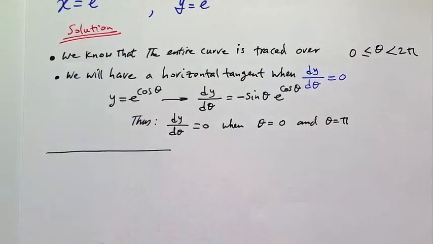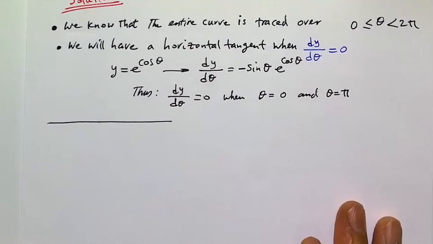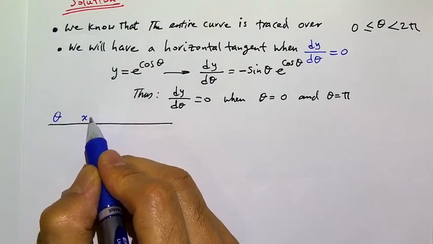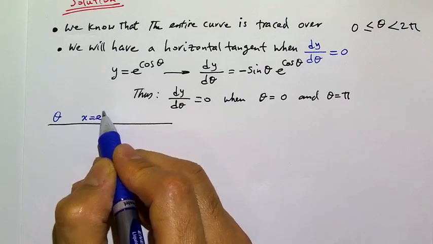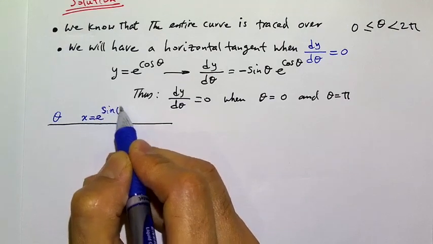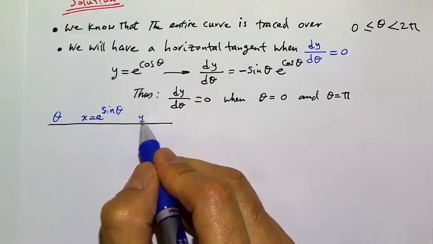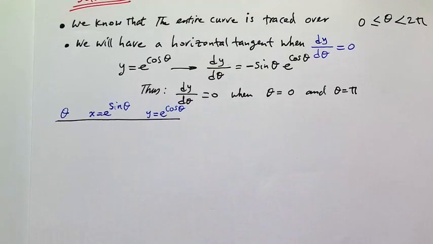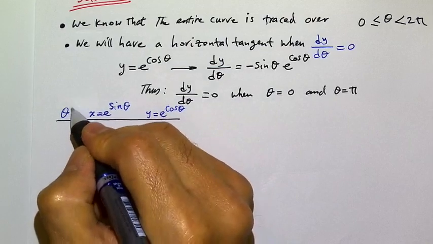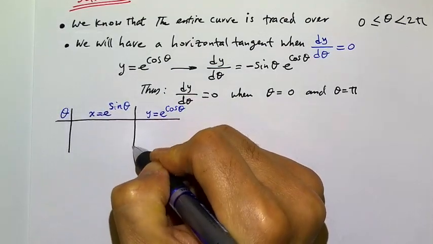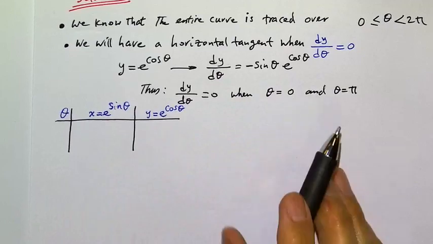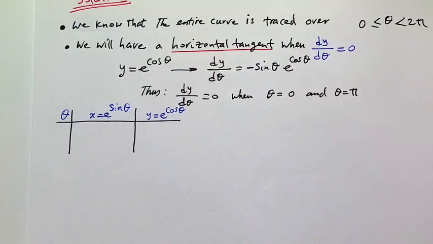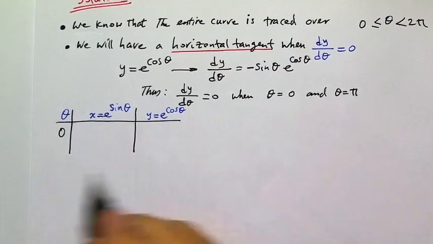I will do a little table here, with theta, then x equals e to the sine theta, and y equals e to the cosine theta. We know the two theta values we're looking for are 0 and pi.